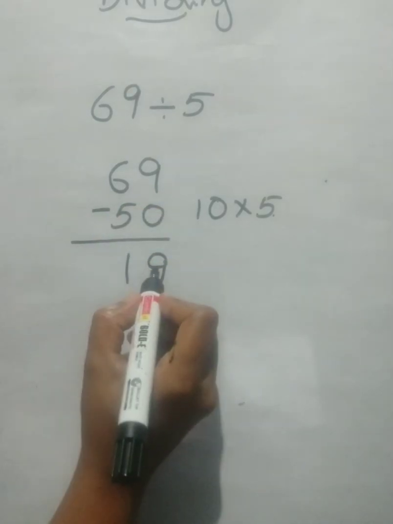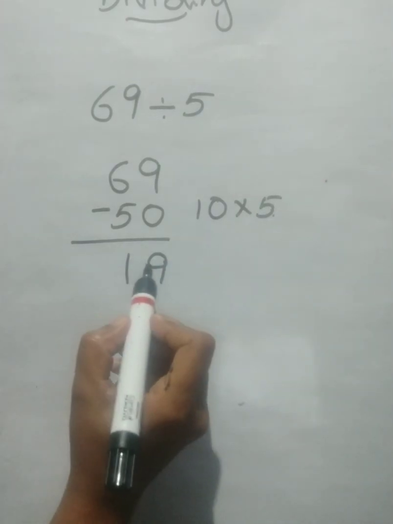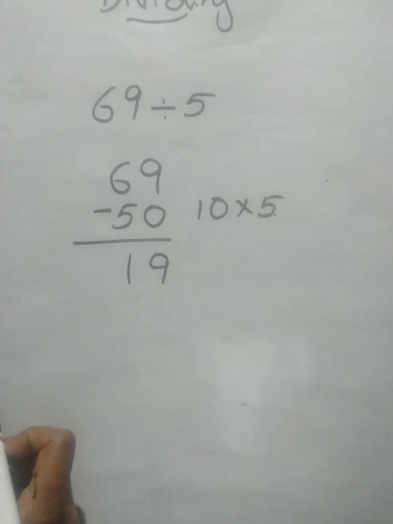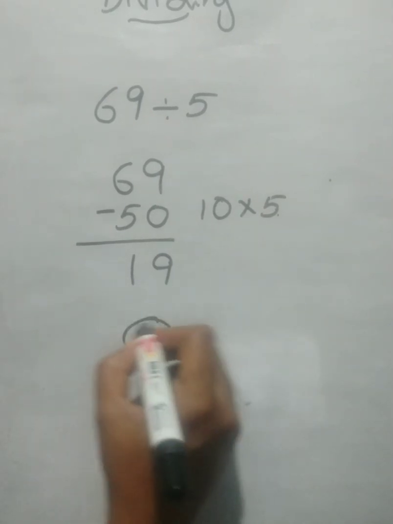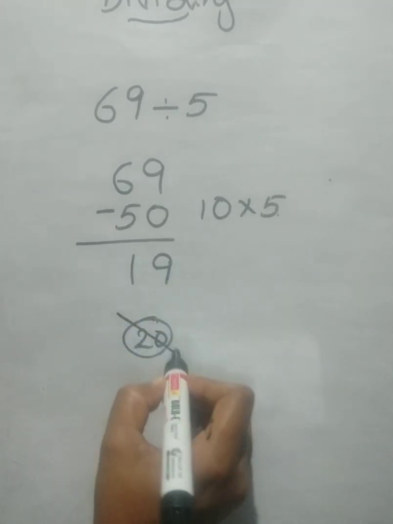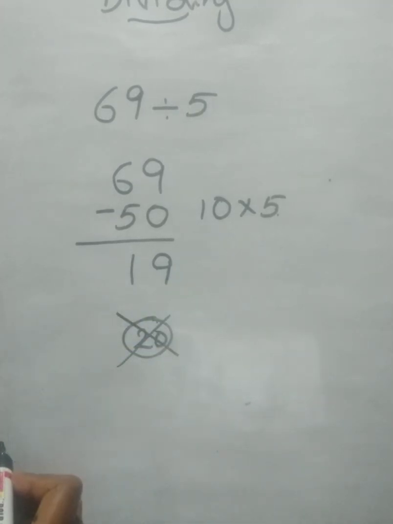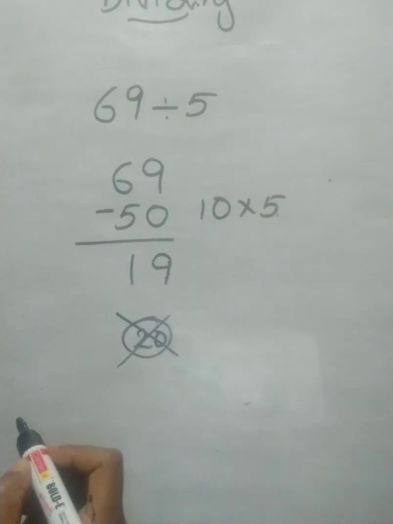Then which is the nearest multiple of 5? Here the number is 19. 20 is there in 5's table. That is nearest to 19. But we can't consider this 20 because 20 is greater than 19.